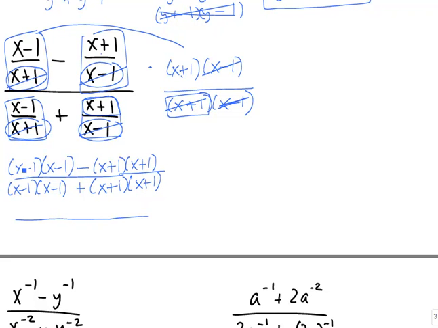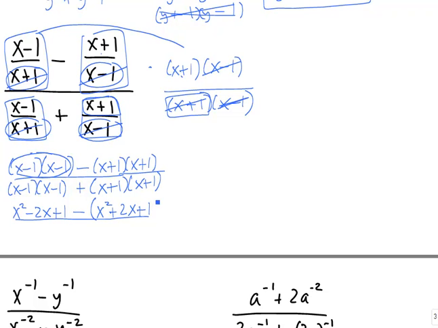So in the numerator, if we FOIL out the top here, we're going to get x squared. The middle term is going to be minus 2x, and the last term is going to be a plus 1. On the next factor over here, if we FOIL this out, we're going to get an x squared plus a 2x plus 1. Now be careful, there was a minus in front of all that.